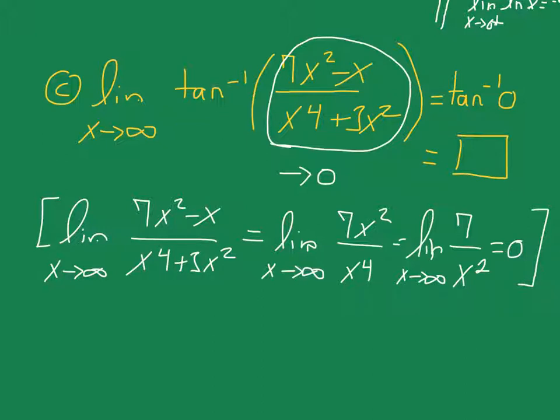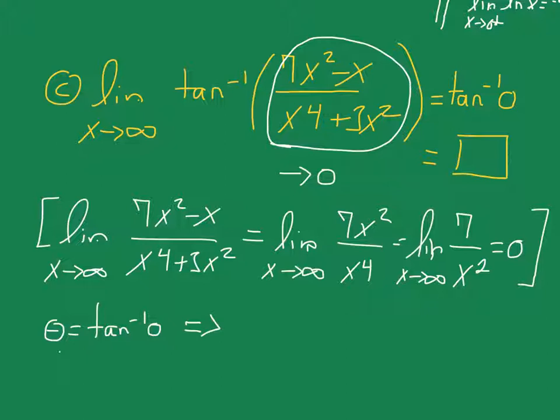Okay, so let's see. Down below, let's notice, what does it mean to say that theta is equal to tan inverse 0? Because we want to know what tan inverse of 0 is.